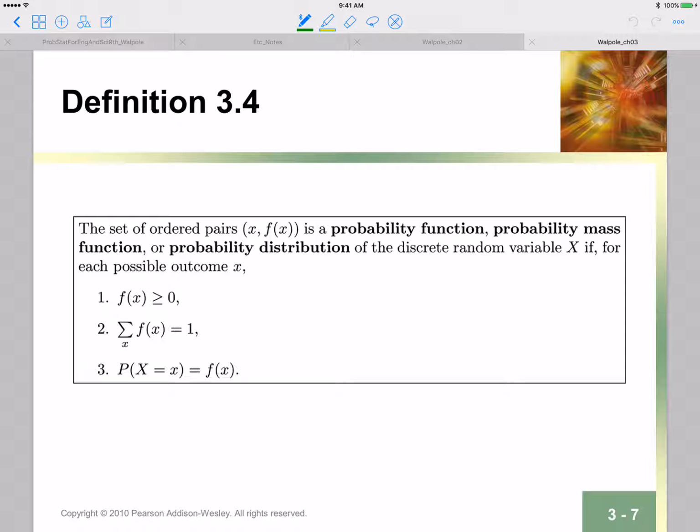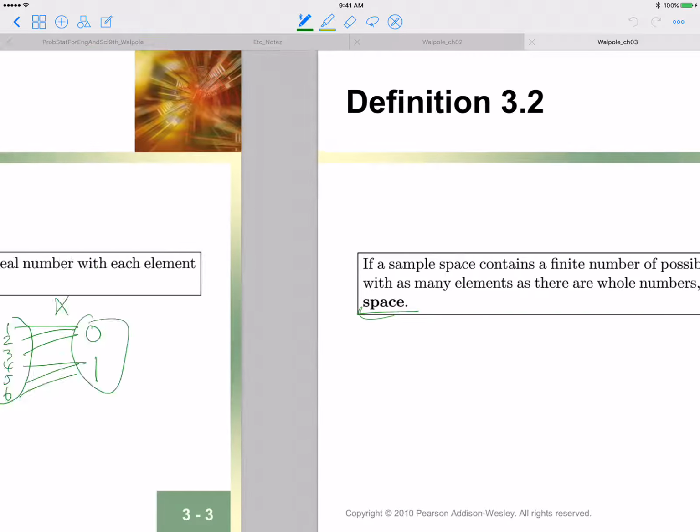Now we have categorized our sample space into two, discrete and continuous, and each of them has its own probability distribution. We have our random variable x and its probability value, and we can consider this another function that maps the random variable into the probability value.